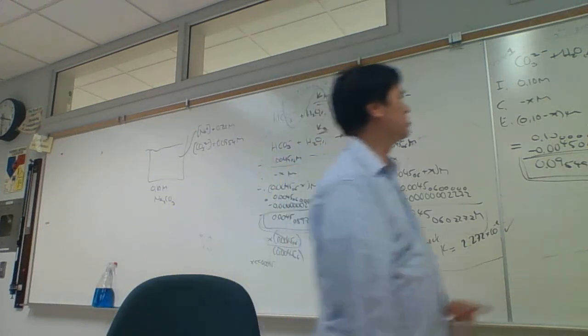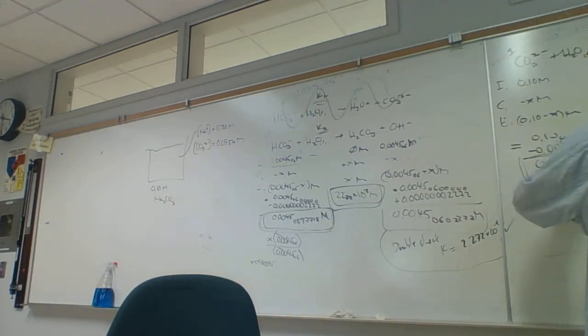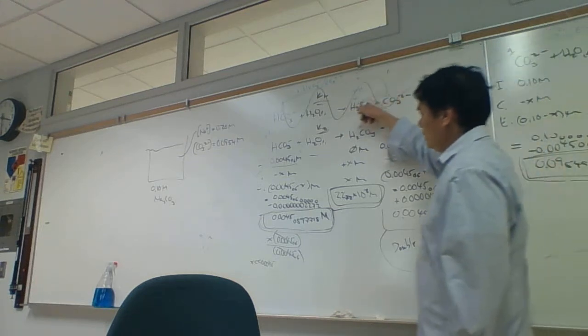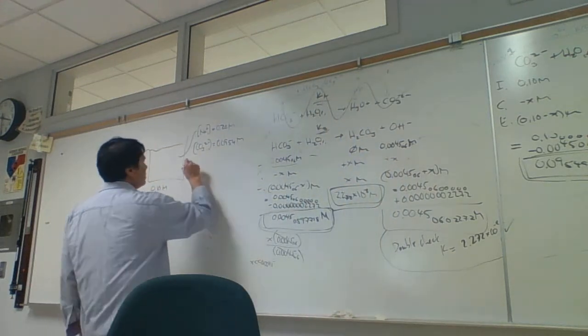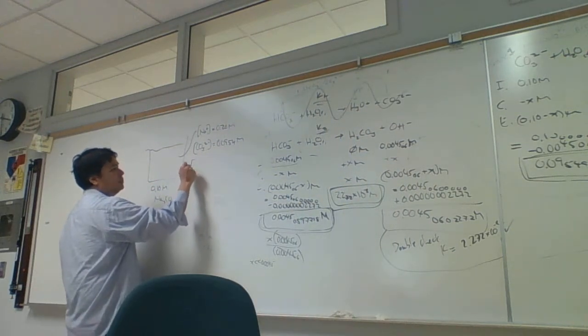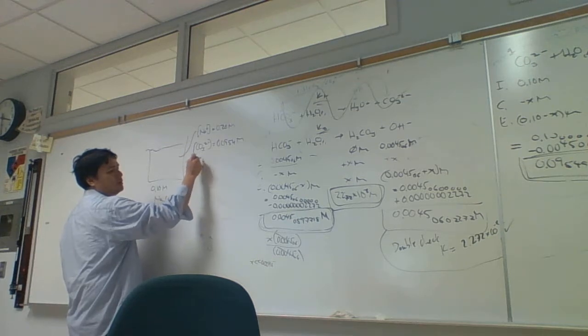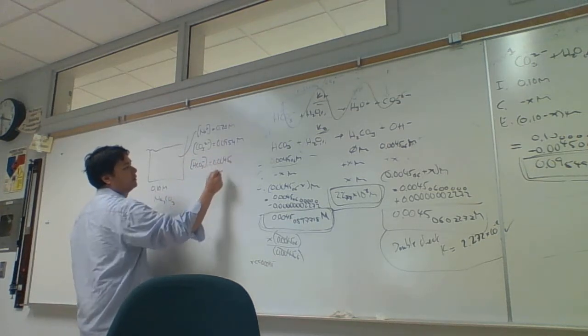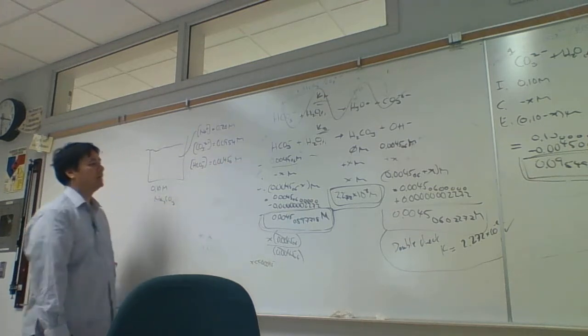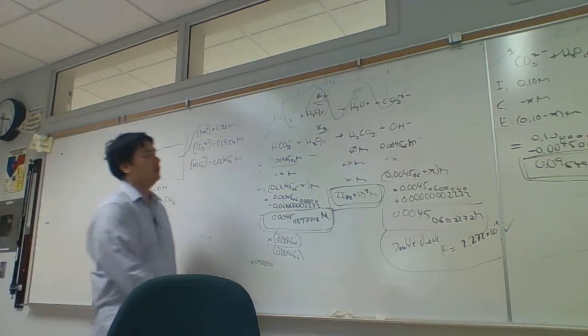Then what's the next most abundant after that? So carbonate, this is the end of the line. Bicarbonate goes through here, then bicarbonate continues to here. Bicarbonate's not the next most abundant. We'll just put it in here. Bicarbonate is going to be at 0.00450 molar, slightly less than that.